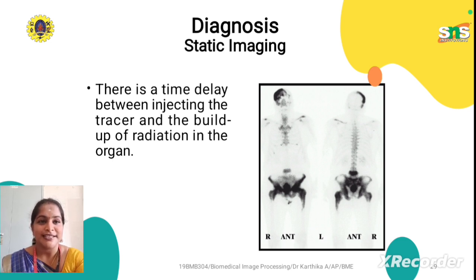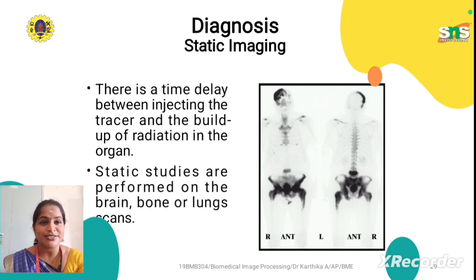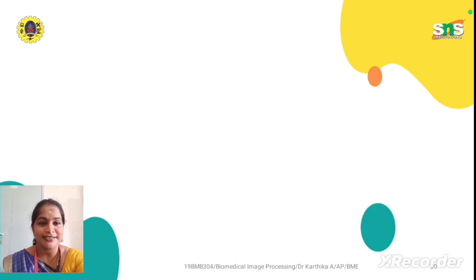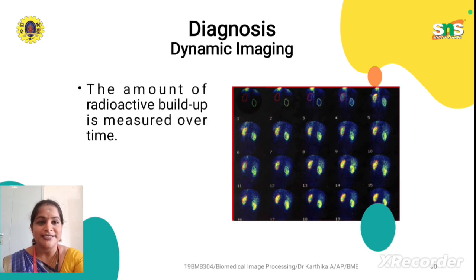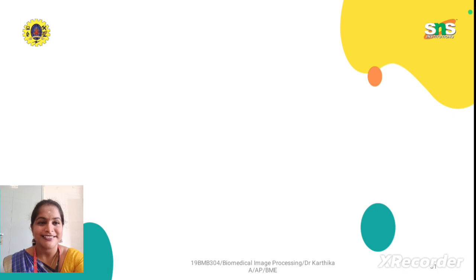In static imaging, there is a time delay between injecting the tracer and buildup of radiation in the organ. In dynamic imaging, the amount of radioactive buildup is measured over time. Dynamic studies are performed on the kidneys and heart.